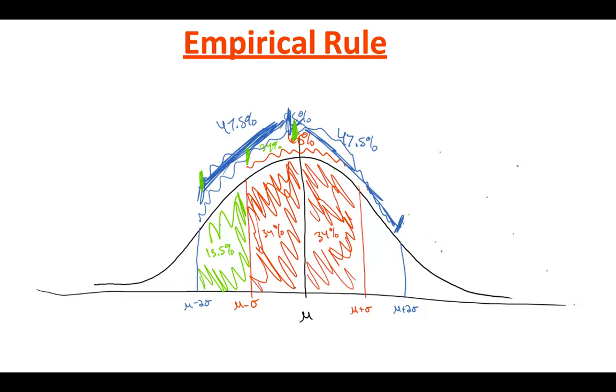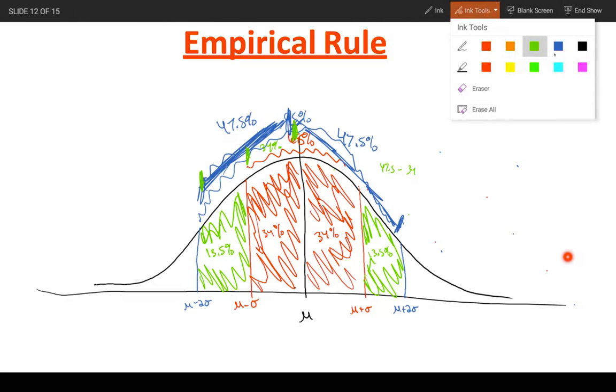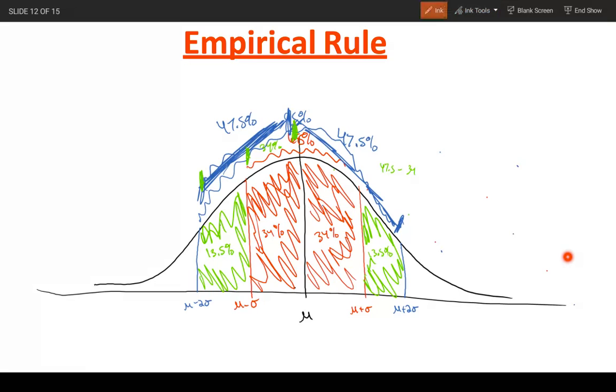So 13.5% of the data would lie in that little section, which also means 13.5% would lie in this little section right here, because that'd be the difference from 47.5 minus our 34%. So hopefully that makes sense to you where I'm coming up with that. We'll be applying this in just a second, so if you're still a little confused, just hang on there.